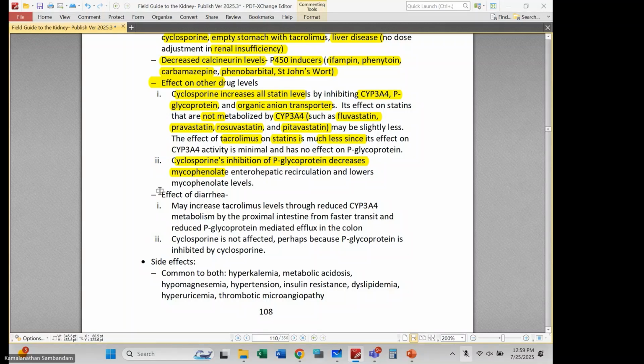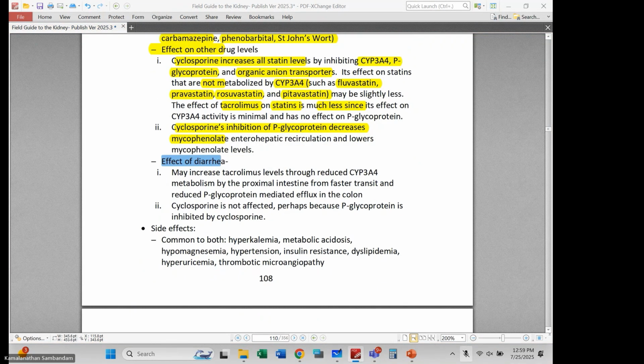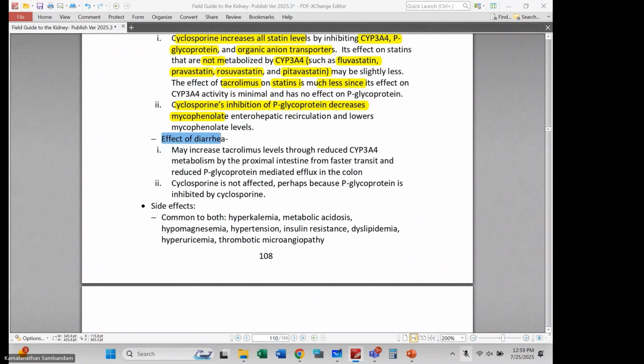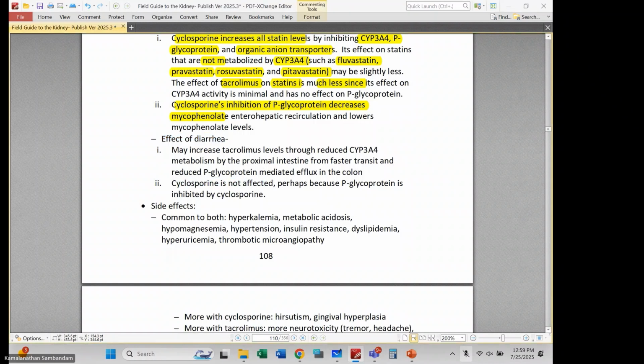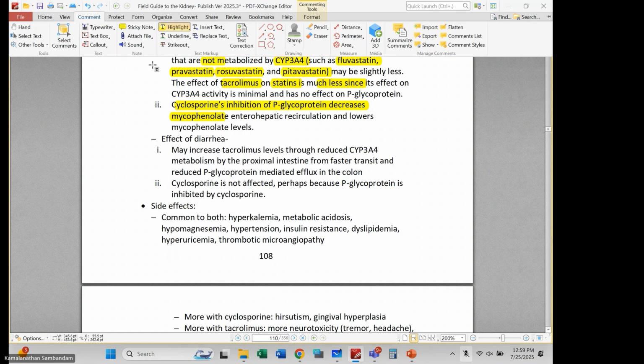Questions about that? No. Okay, so diarrhea can affect calcineurin inhibitor exposure. The general gist is cyclosporin is not really affected by diarrhea so much.